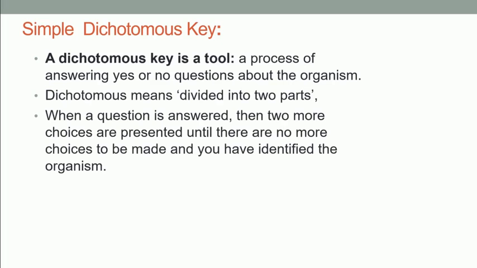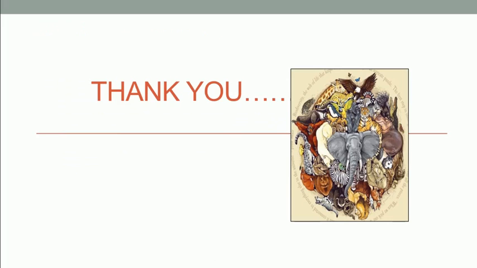When a question is answered, two more choices are presented. Until there are no more choices to be made, you have identified the organism. Once you finish going through those choices, ultimately you will lead to the name of that particular organism.